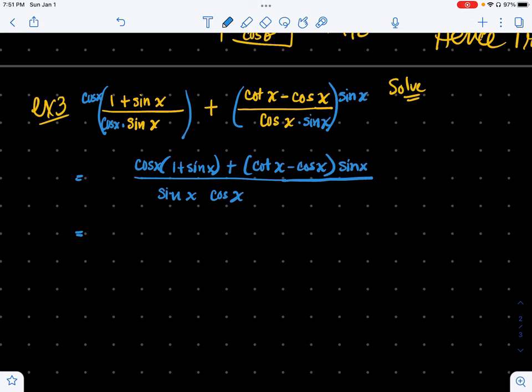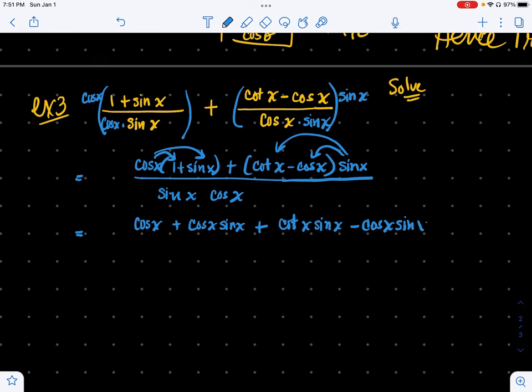It doesn't look like anything is going to get canceled, so I'm going to go ahead and distribute that. Cosine x plus cosine x times sine x. Okay, done. And then plus the sine x needs to be distributed, both of these. Minus cosine x times sine x.